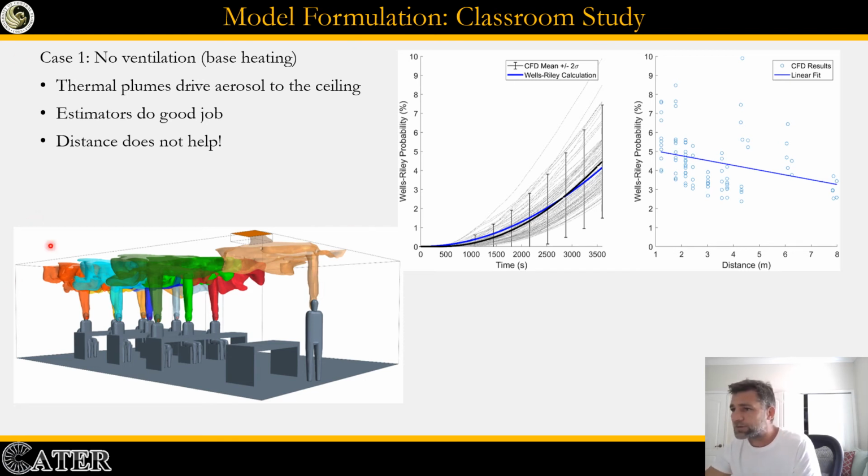And then when you focus on these airborne routes, this is an HVAC problem more than anything. Again, we want to pull all of these probabilities down, that is really the goal of the airborne route. And it doesn't appear to be a function of distance.